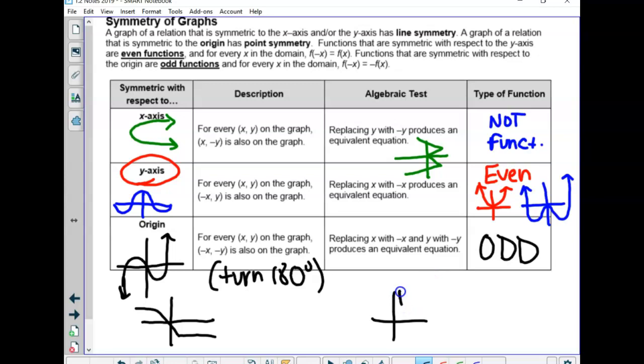It could also do this. It doesn't have to go through the origin. Yeah, it does. Everybody okay?